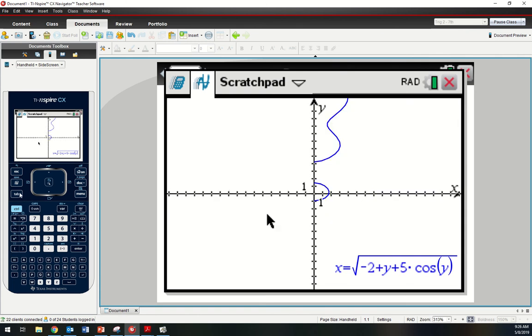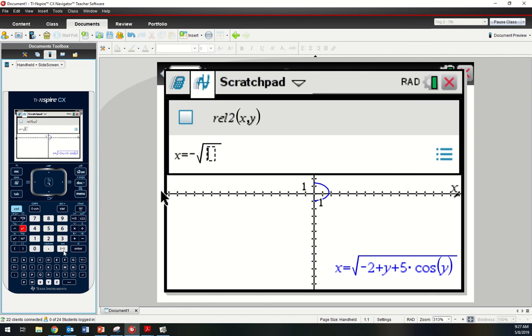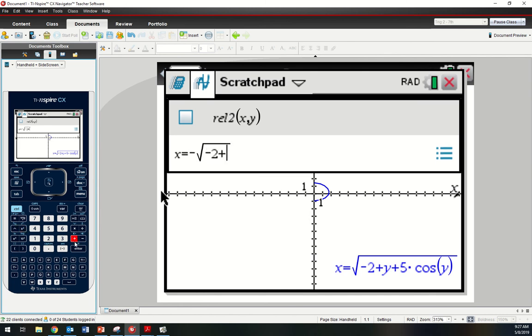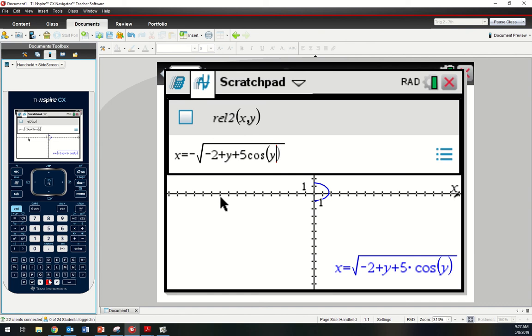If I want the other side, I would go to relation 2 and put a negative square root: x equals negative the square root of negative 2 plus y plus 5 cosine y. But I actually don't need to do this one right now.